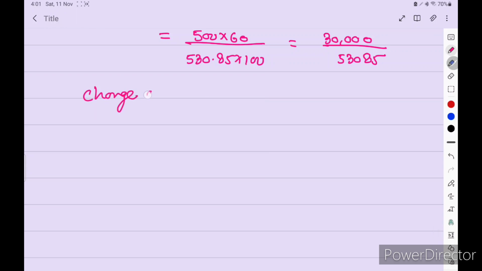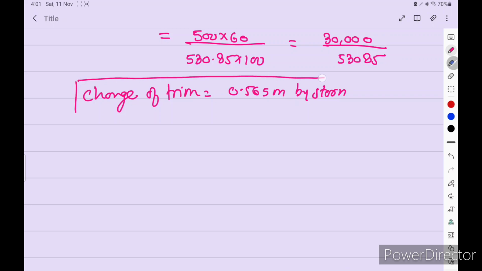So change of trim is equal to 0.565 meter by stern. So this is the answer of the question.